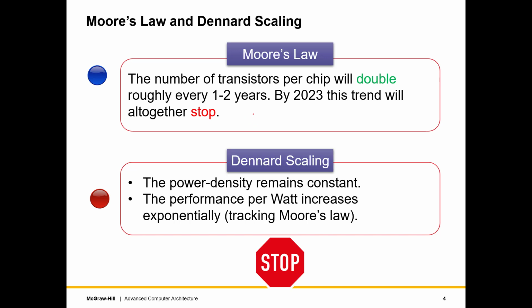The reason is that transistors, as we speak, which is 2021, are already very small. The feature size, which is the size of the smallest structure that we can fabricate in silicon, has come down to about 7 nanometers. Less than that, it's going to be very hard.